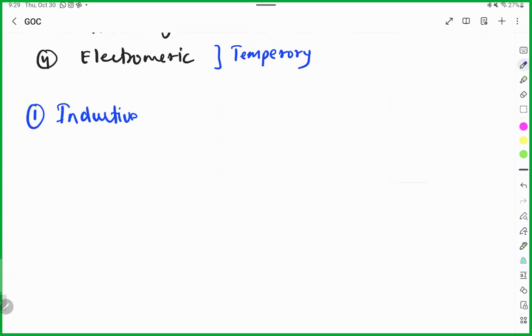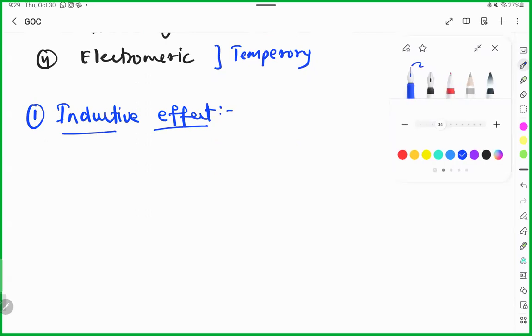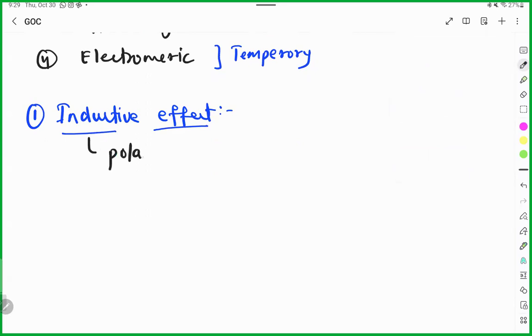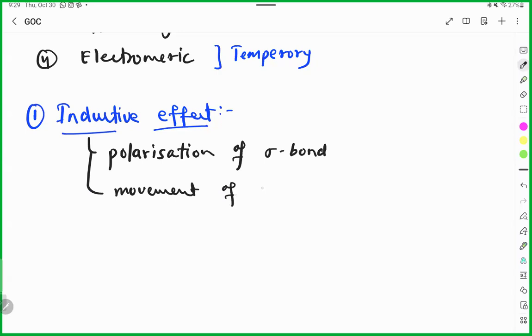In case of inductive effect, what happens, Pratigya? Displacement of sigma electron, polarization of sigma bond. So movement of sigma electron, correct?